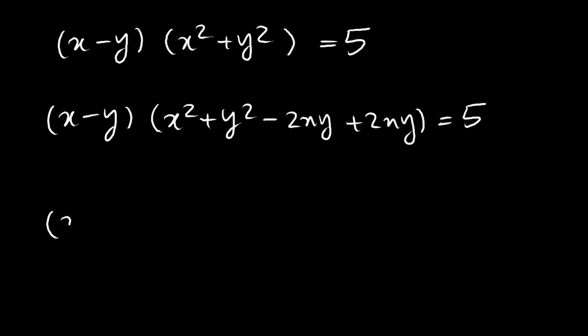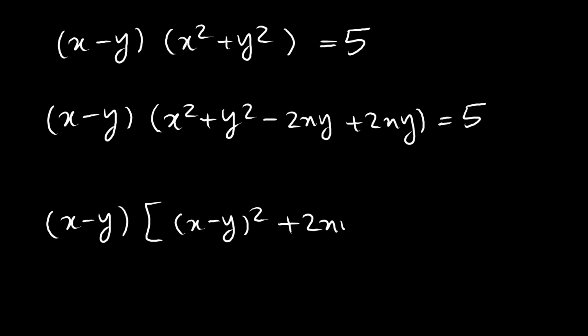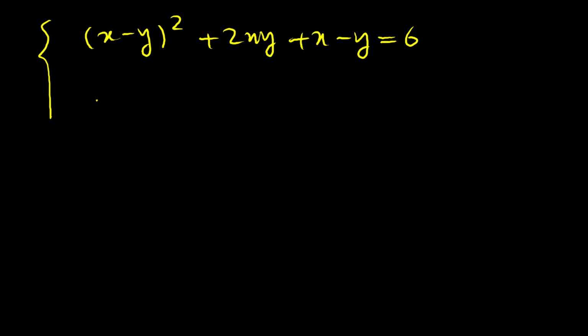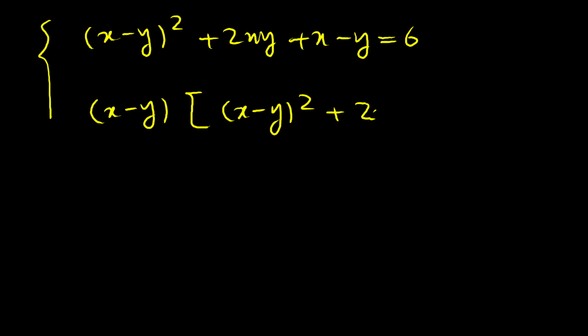So we're going to have x minus y times the quantity x minus y all squared plus 2xy equals 5. So this is our second equation. It is x minus y times the quantity x minus y all squared plus 2xy. And it equals 5.